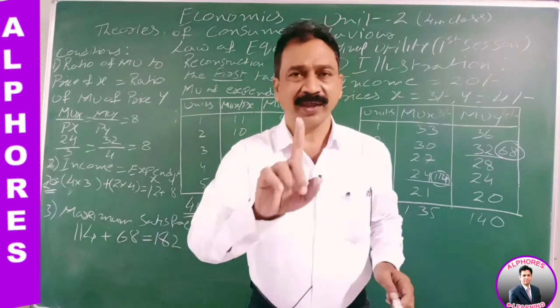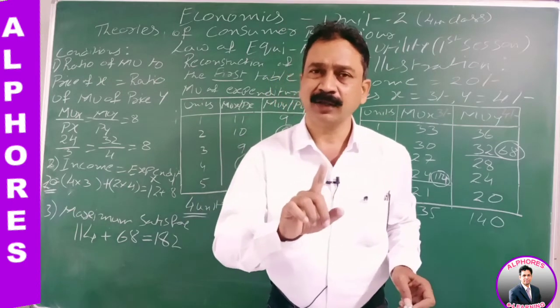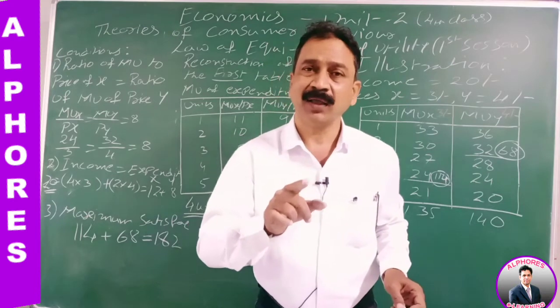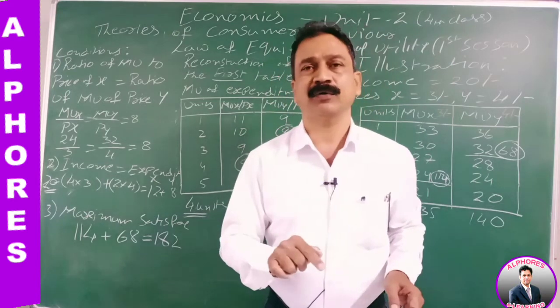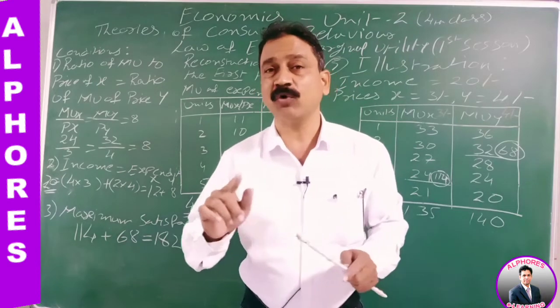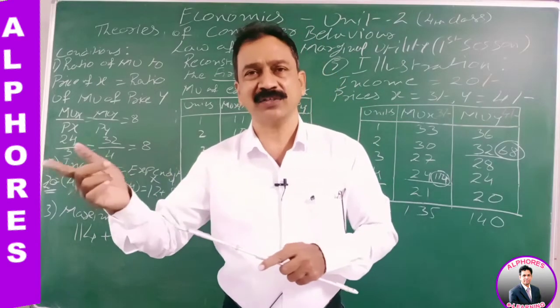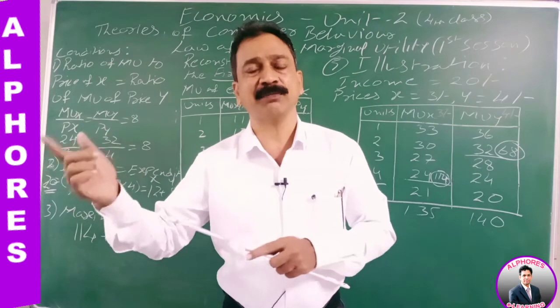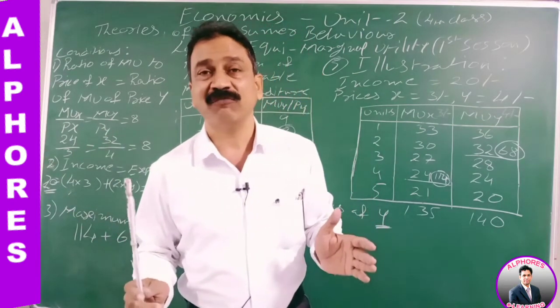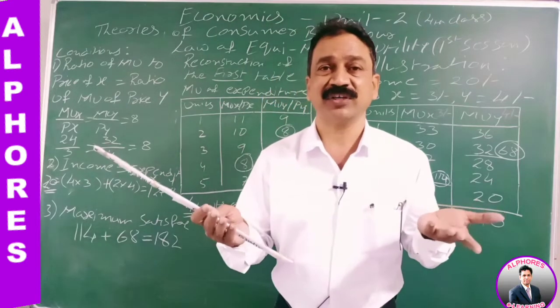If you have a bike, Hero Honda Splendor, red color, you don't like to purchase the same Hero Honda Splendor, red color. Instead of that, you may go for Activa, or you may go for Splendor Plus or Passion Plus. So you will change something. You will substitute the commodities. With that, you will try to get maximum satisfaction.